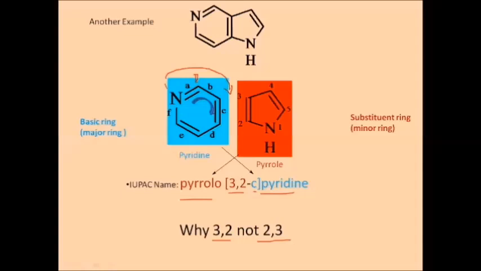So which atom of the substituent ring comes first? This is 3 and then comes 2. The first is 3 and then 2. So we have to write 3,2, not 2,3. So the numbering is decided on the basis of the direction of the basic ring.